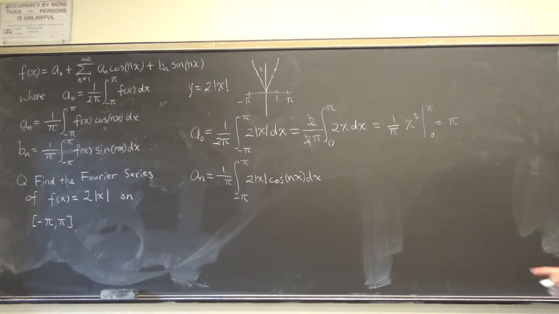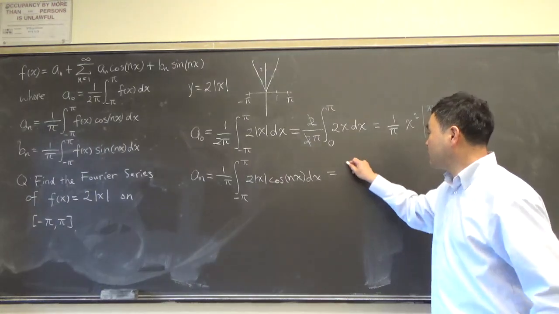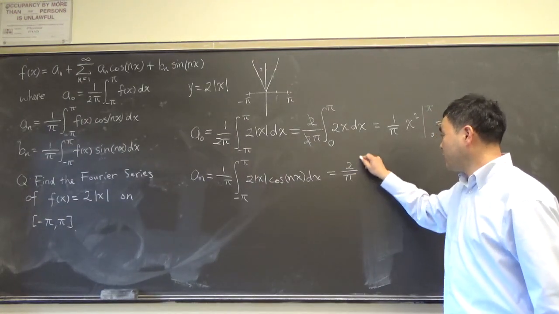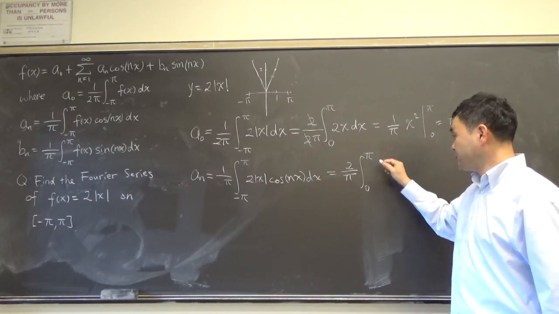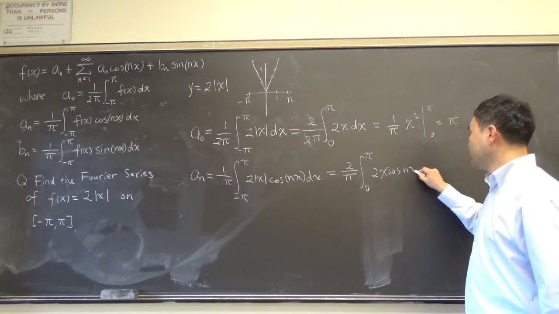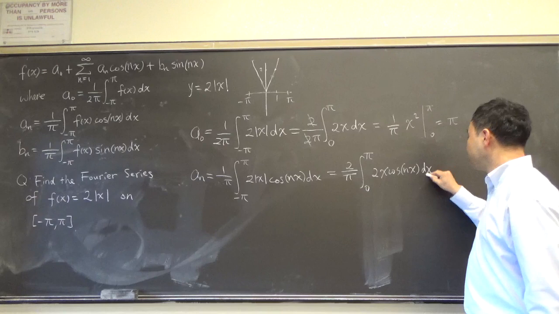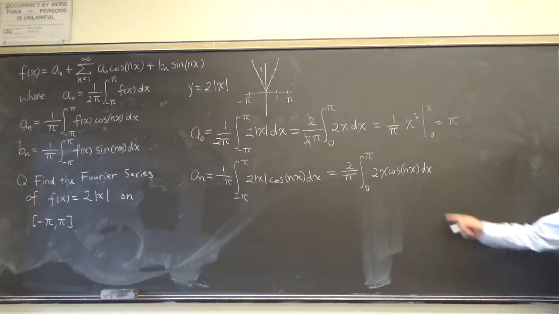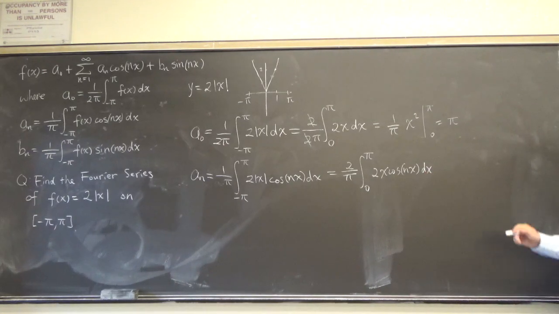So we can use the same trick: 2 over pi integral from 0 to pi of 2x cosine nx dx. And for this integral, we may use the tabular integration.